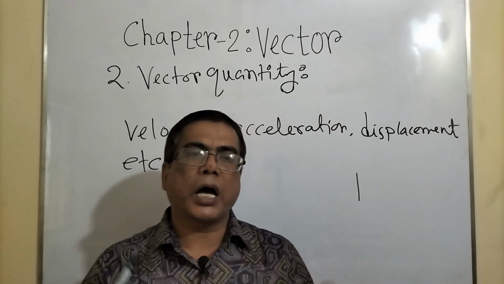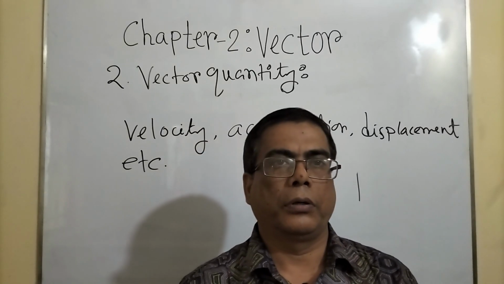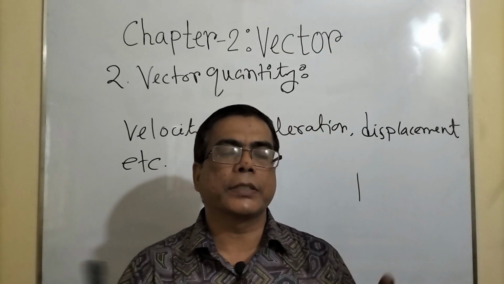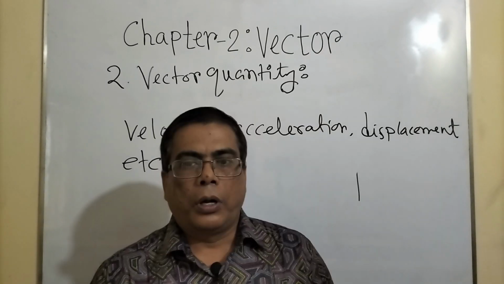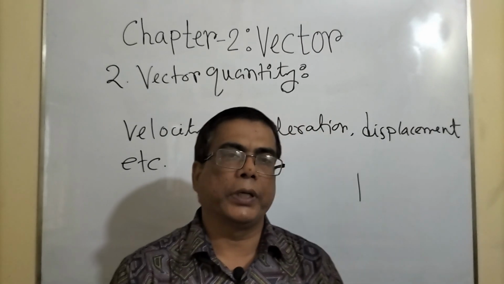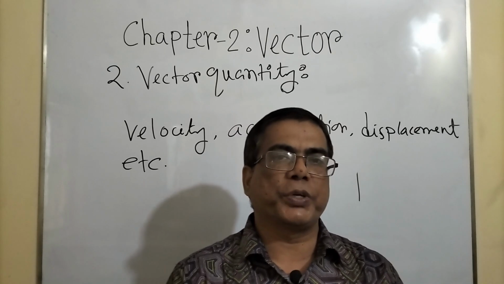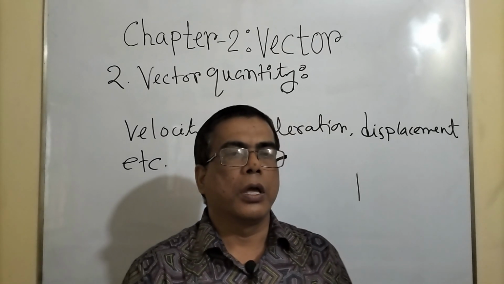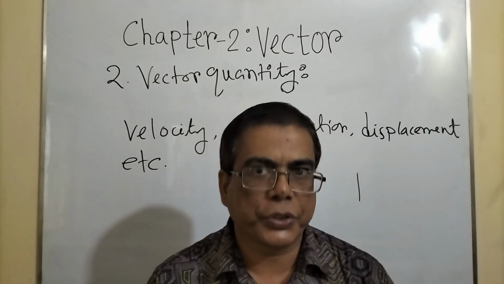The magnitude is a scalar quantity and it is always positive. How many numbers are required to represent a vector quantity when it is in one-dimensional space, two-dimensional space, in three-dimensional space?